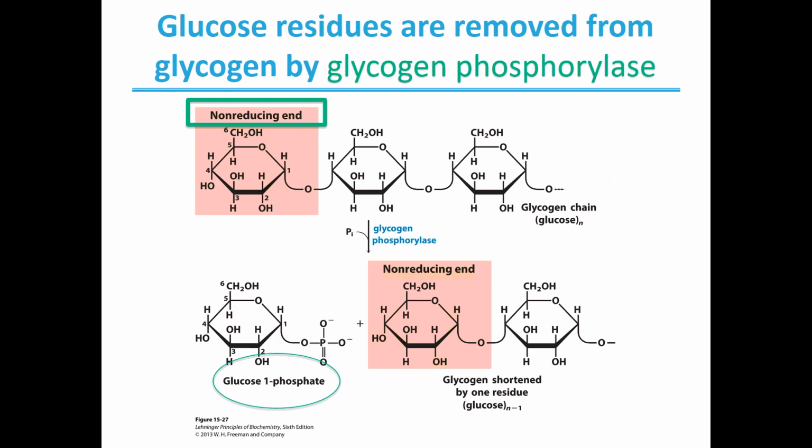So how does glycogen phosphorylase work? So shown here, we have a portion of a glycogen chain. One glucose monomer at a time is removed from the non-reducing end, releasing glucose 1-phosphate. This will continue down the glycogen chain until a branch point is approached.